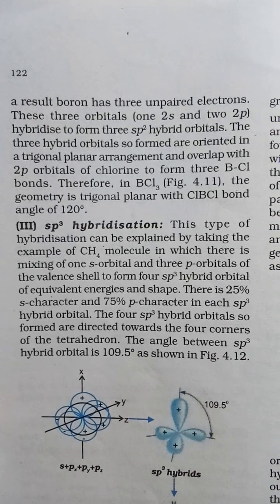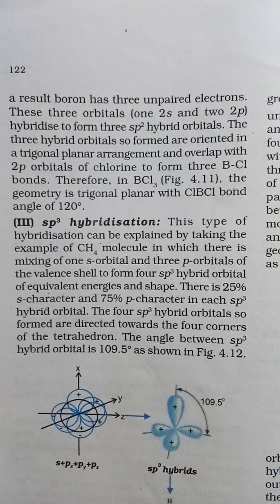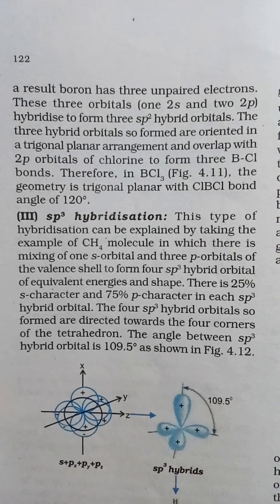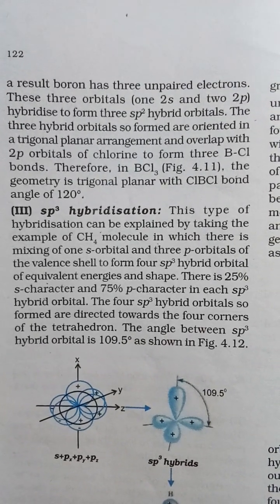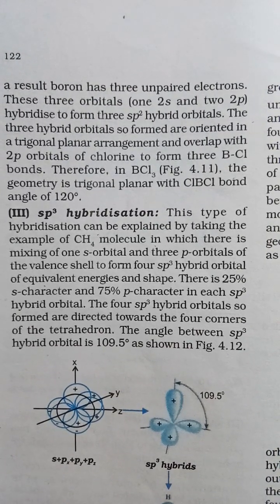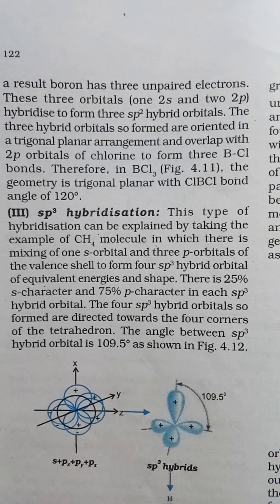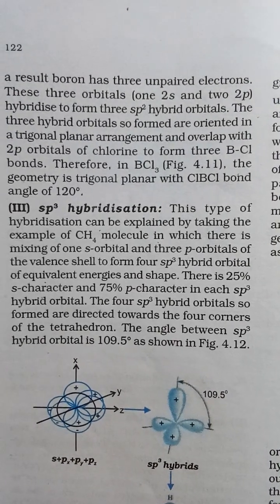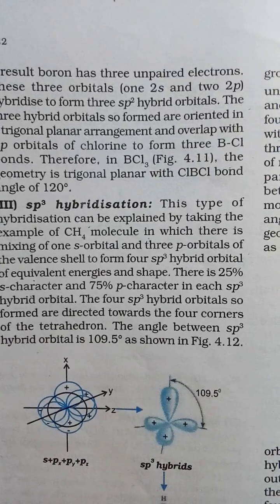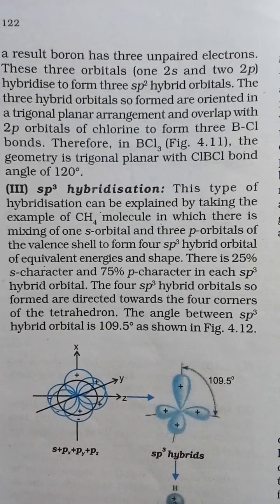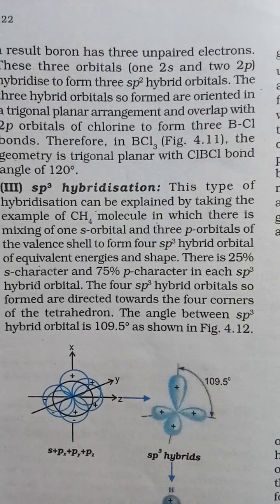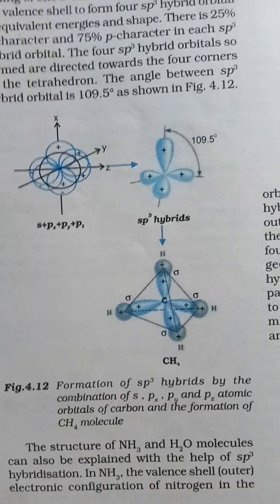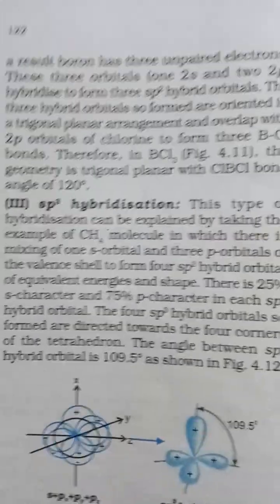The three hybrid orbitals so formed are oriented in a trigonal planar arrangement and overlap with the 3p orbitals of chlorine to form three B-Cl bonds. Therefore, in BCl3, as you will see here in figure 4.11, the geometry is trigonal planar with a Cl-B-Cl bond angle of 120 degrees. Figure 4.11 in the previous page you will see.